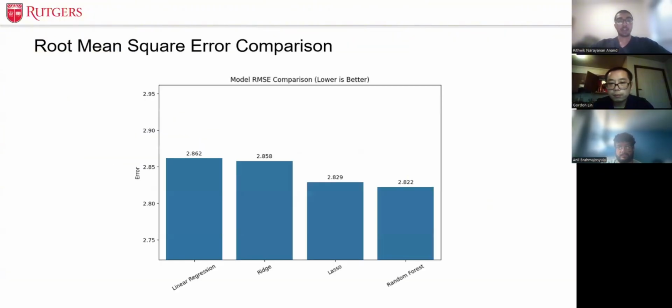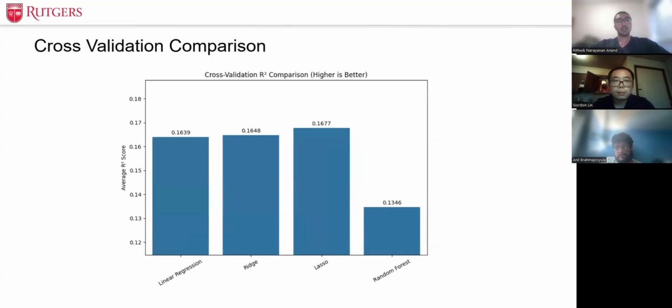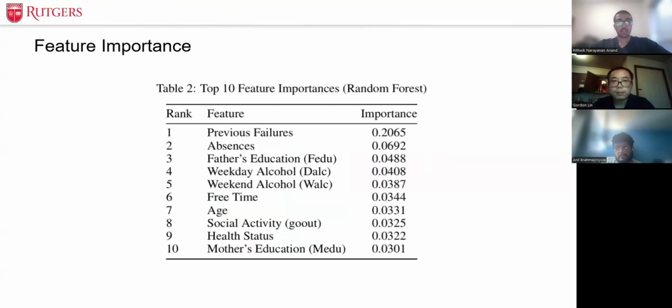This is our graph for the root mean square error. As you can see, Random Forest has the lowest score, so that means it's the best performing model. Same with R squared. You can see Random Forest has the highest score. And here with cross validation, you can see.